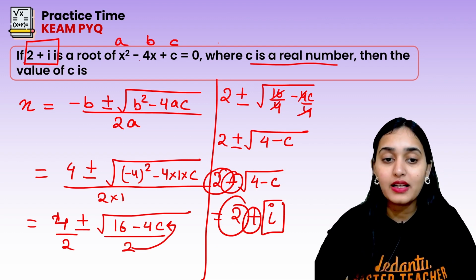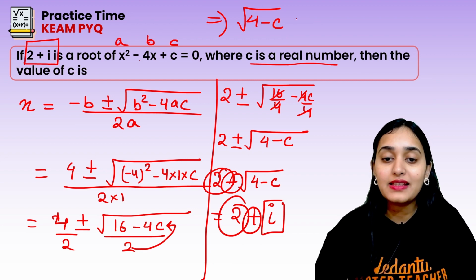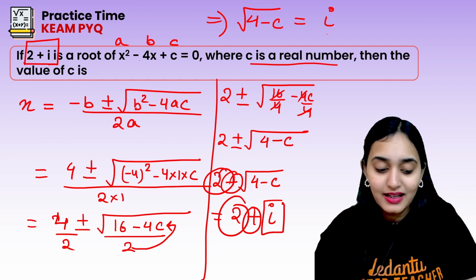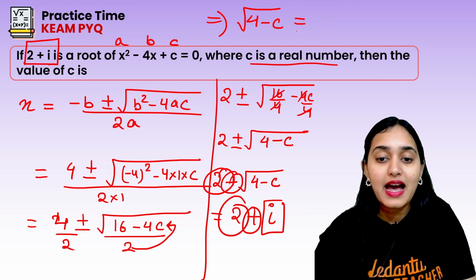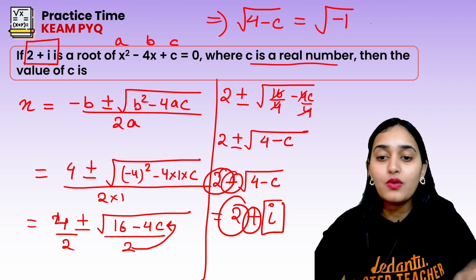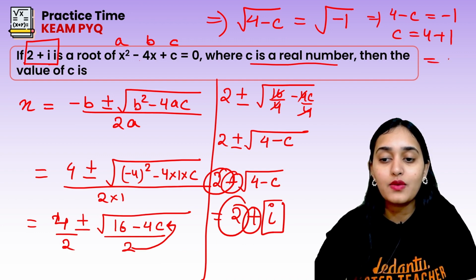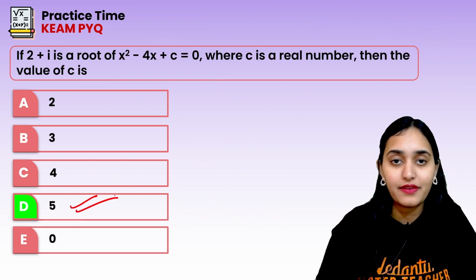This implies that root over 4 minus c is equivalent to i. Now what is i? i is square root of minus 1. You remove the square root, you get 4 minus c is equal to minus 1. So c is equal to 4 plus 1 is equal to 5. This is your answer. So c value is 5.